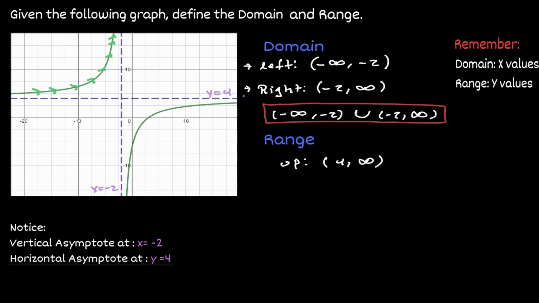And if we take a look at the bottom side of this section, we are looking at the left-hand side of the graph. There is no holes in this graph, so we are allowed to use every single y value in this section. And the lowest y value in this section is -infinity, and the highest y value in this section is +4. Well, we will not include -infinity, because that's not a number, and we will not include the value of 4, because it is an asymptote.